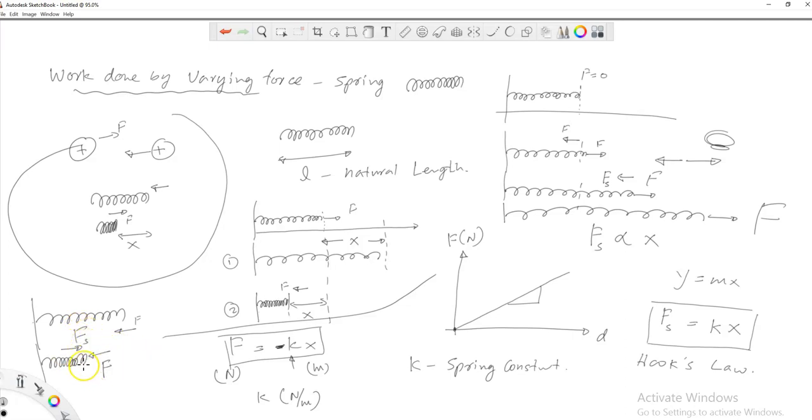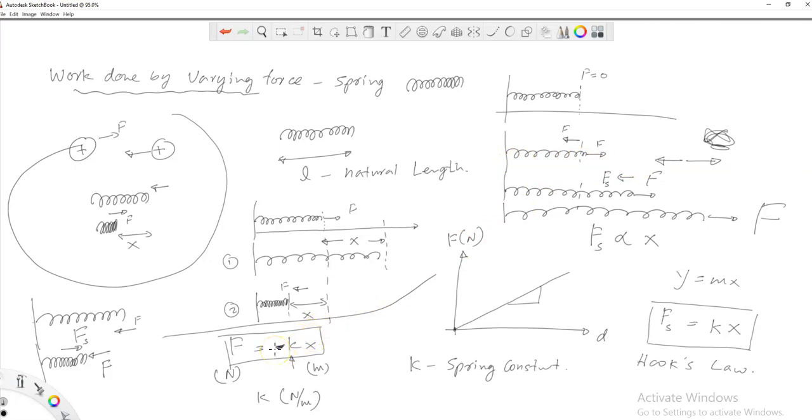So to indicate that the force in the spring is always against the direction you are increasing the length, right? In this example right here, you are increasing the length in the positive x direction, but the force is in the negative x direction. To indicate that, we put the negative sign.